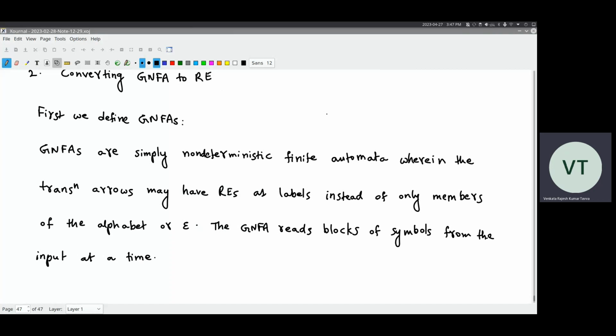So this is the main difference. There are a couple of other differences which we will look at in a while. But the main difference is a GNFA reads regular expressions directly.